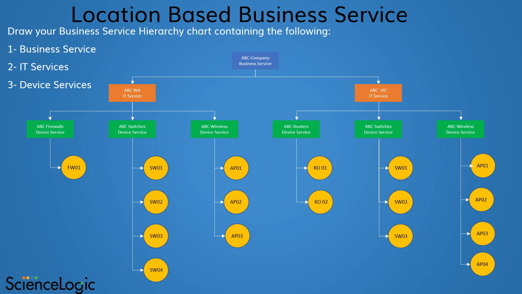For example, in this chart, we have two locations as an IT service: ABC Western Australia, or ABC WA, and ABC Victoria as an IT service. Each one of these IT services is monitoring different technologies or infrastructure devices like firewall, switches, wireless, and routers.